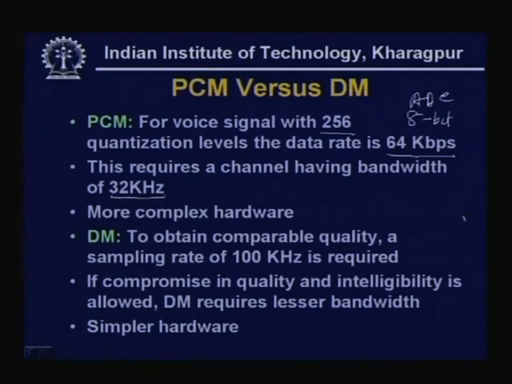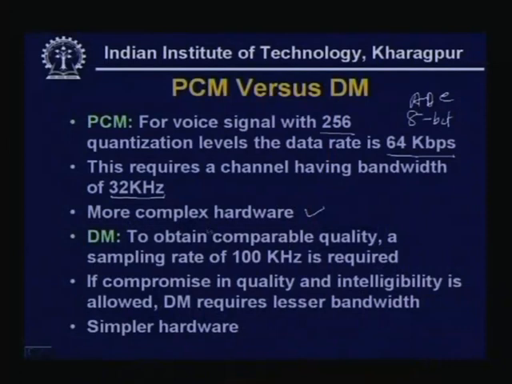As we know, the channel bandwidth is 2B. So, from that we are getting the channel bandwidth to be 32 kilohertz. Moreover, it requires more complex hardware. That means PCM does require higher bandwidth and more complex hardware to generate the pulse code modulated signal.